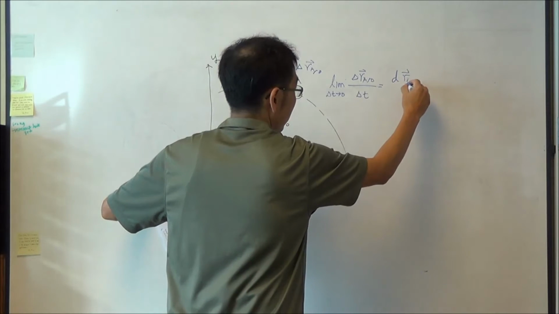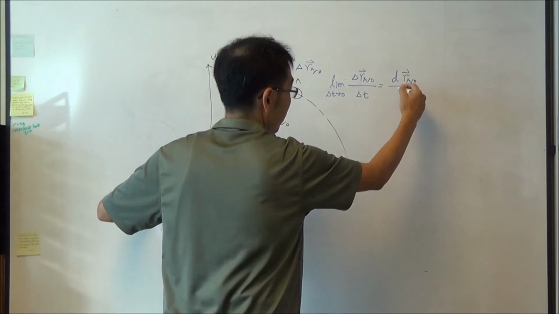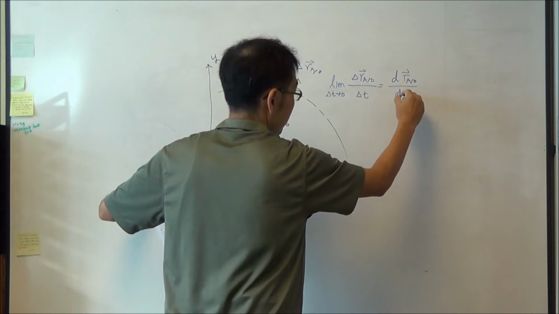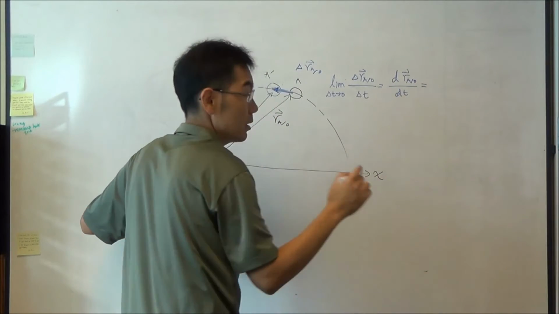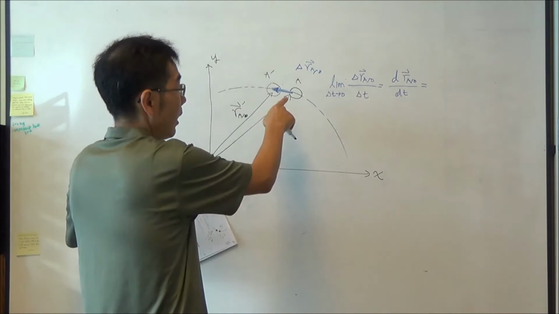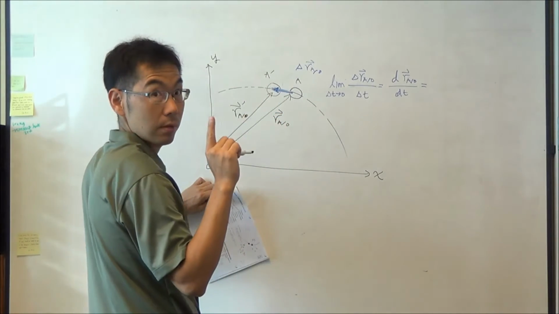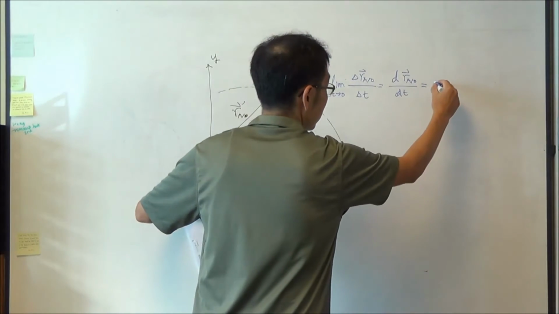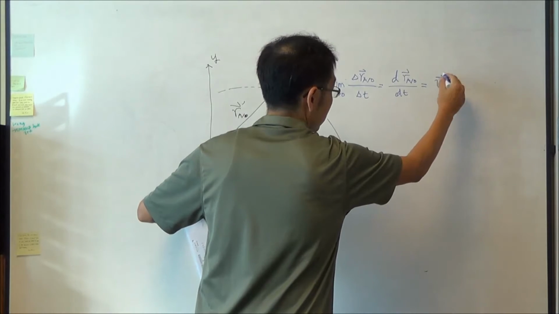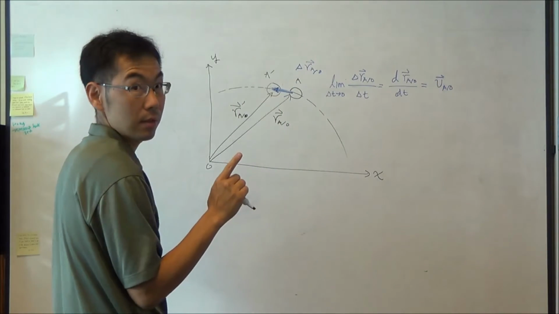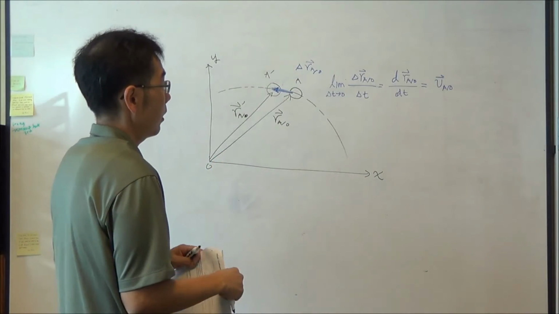So that's the definition of the derivative of your position vector, and that's the instantaneous velocity of A at a given time. So this is called the instantaneous velocity.